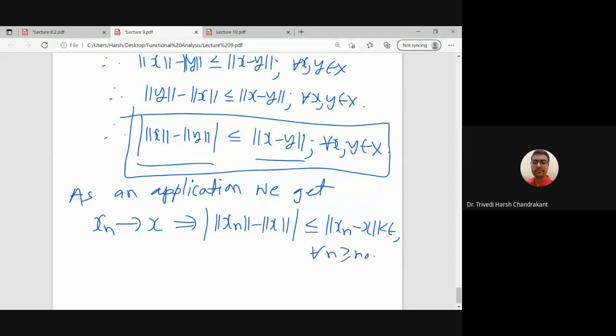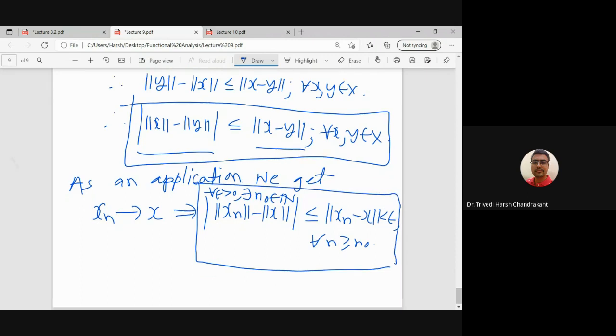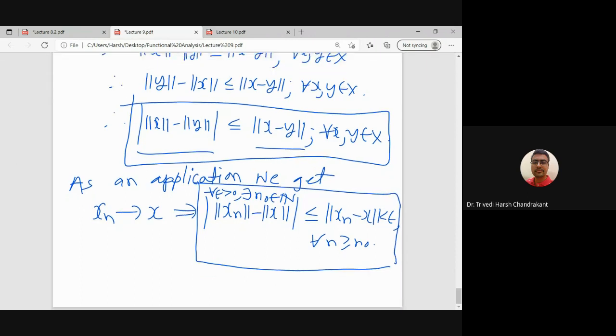So for every epsilon greater than 0, there exists n0 belonging to N such that this property holds if xn converges to x. That means xn converges to x, and that will imply norm of xn converges to norm x.